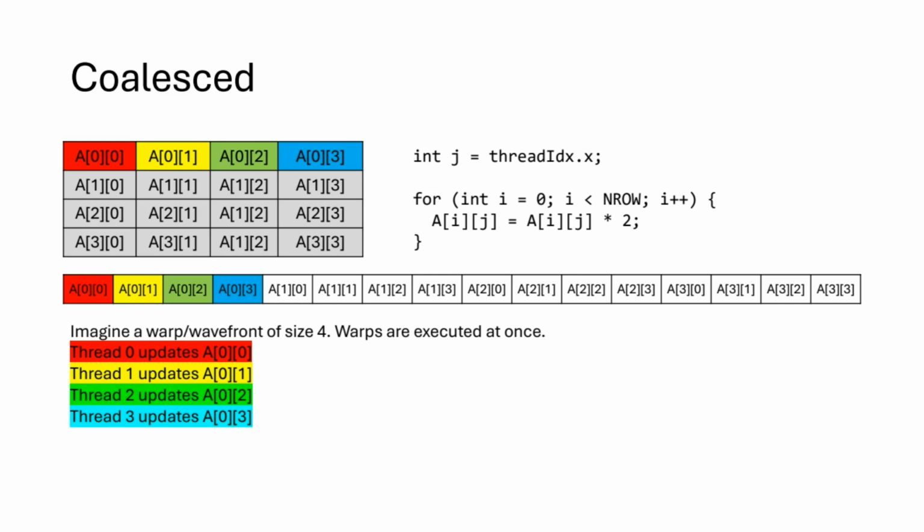On the GPU, the execution of the threads is synchronized. So let's say the first iteration of the for loop for thread 0, 1, 2, and 3 takes place at the same time. So in that case, we need to rethink how the memory is accessed.